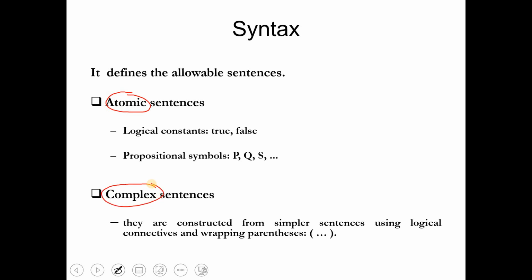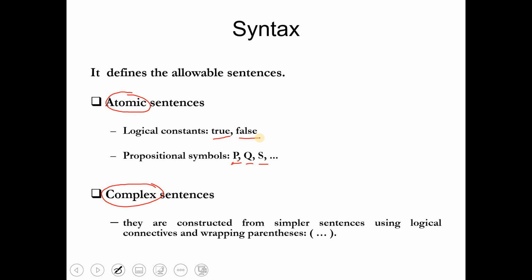The basic sentences are very short, to the point. So any symbol itself is a sentence. Any symbol you define, P, Q, S or B, M, all these are symbols. Similarly, constants are also atomic sentences, true or false.